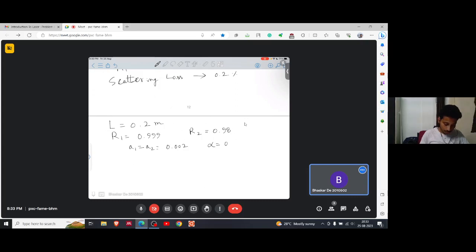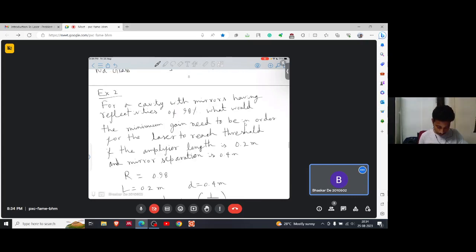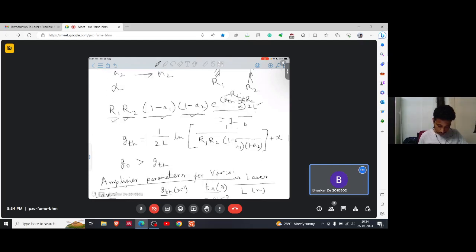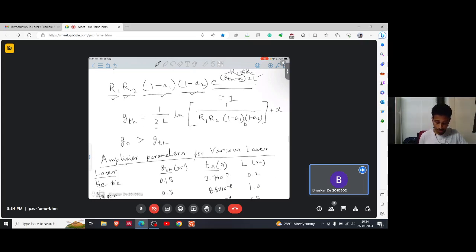Okay, so for the GTH, what is the formula? GTH is 1 by 2L ln 1 by R1 R2 (1 minus A1)(1 minus A2) plus alpha, and alpha equal to 0, so this part of the formula will be used.